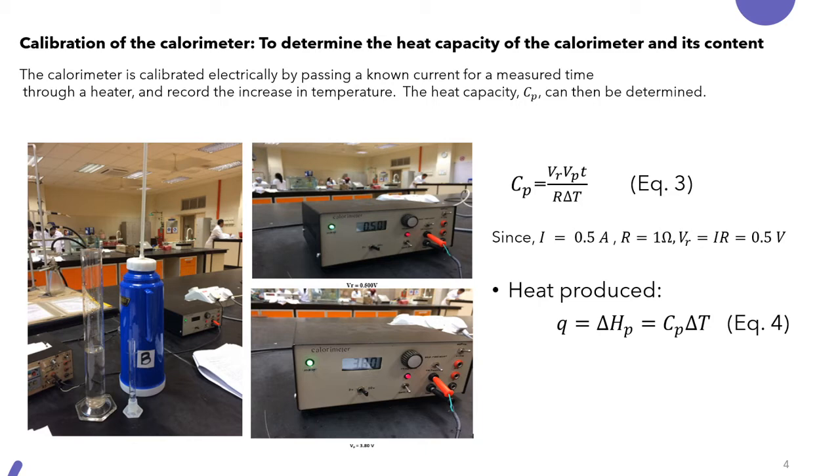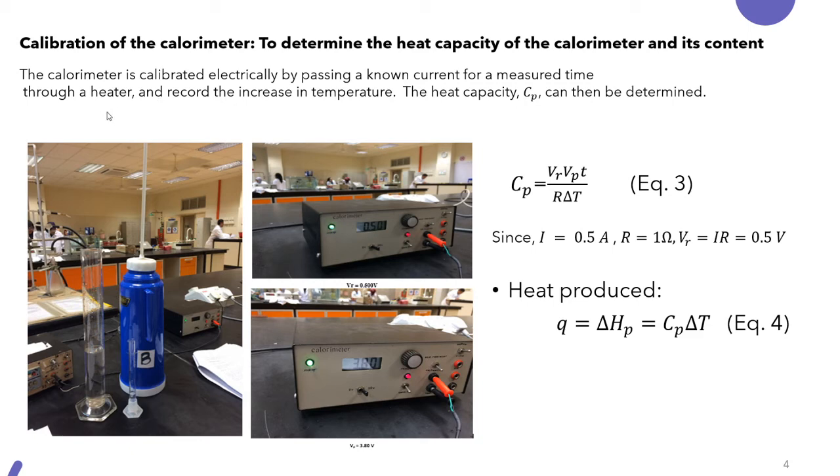Once you determined the heat capacity of the Dewar flask, you could move on to the polymerization process. So you didn't measure the heat of polymerization, but you did some observation. Now that you're in the second year, there is an elevated process, so you need to do the calculation.